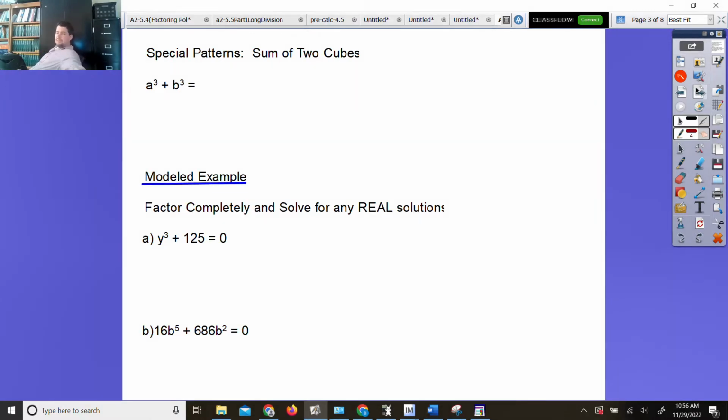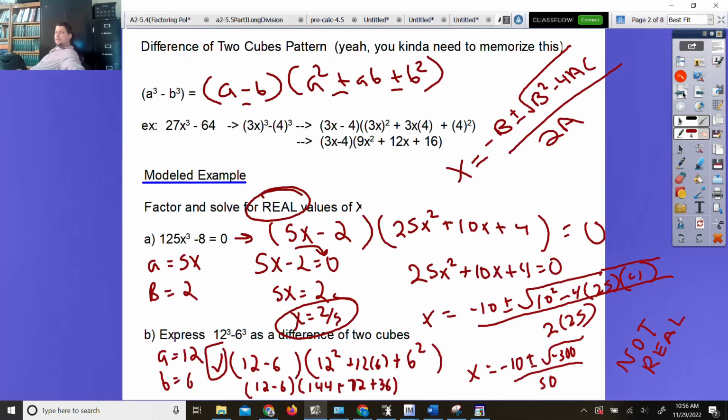Oh, there was one thing I meant to write on here. I didn't write it. When we did this example right here, what did we discover about the second set of parentheses? The answers were not real. That is always true.